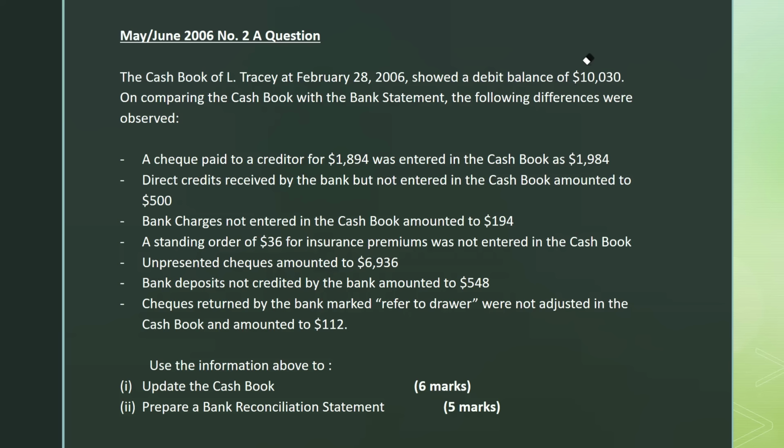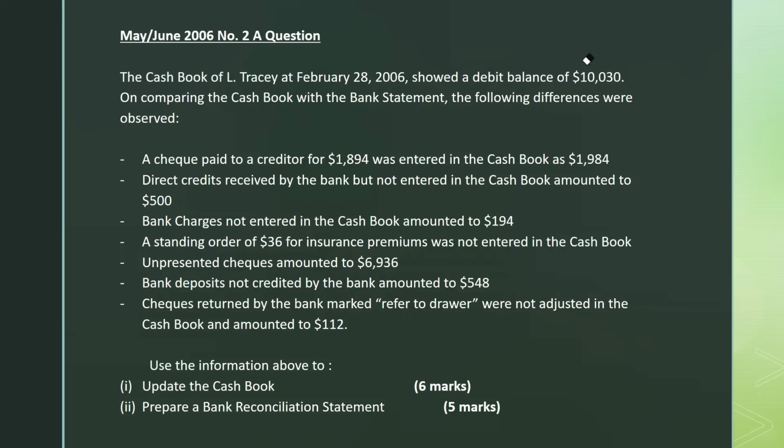So you have an error on our side. Direct credits received by the bank, so that's money we get because they say received, but not yet entered into the cash book, 500. Bank charges not entered in the cash book, standing order, etc.